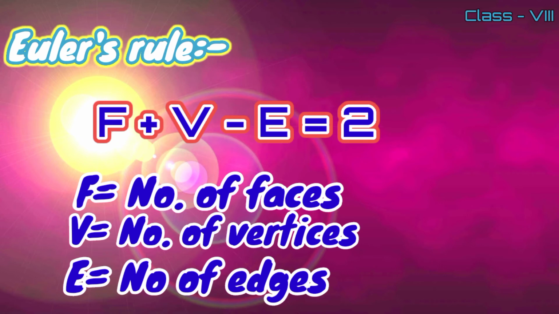Every polyhedron satisfies Euler's formula. And conversely, we can say that if any solid satisfies Euler's formula, then the solid is a polyhedron.